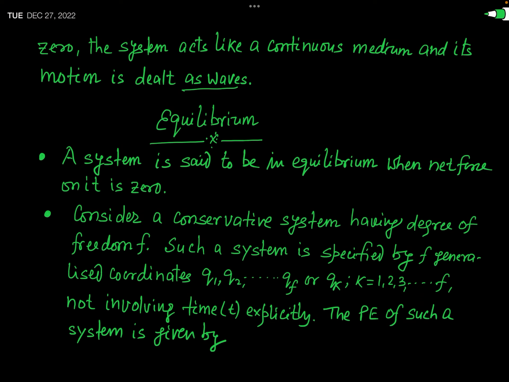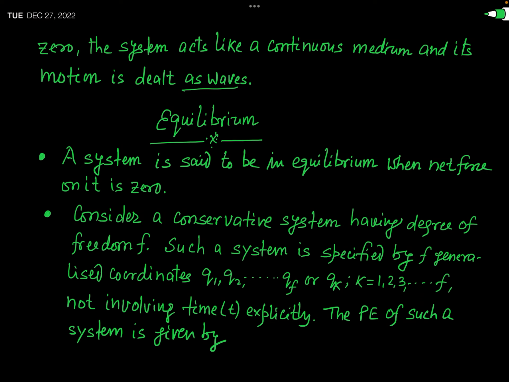We also assume that the time variable does not occur or is not involved explicitly in describing the state of the system. It means you are considering a stationary, time independent system.